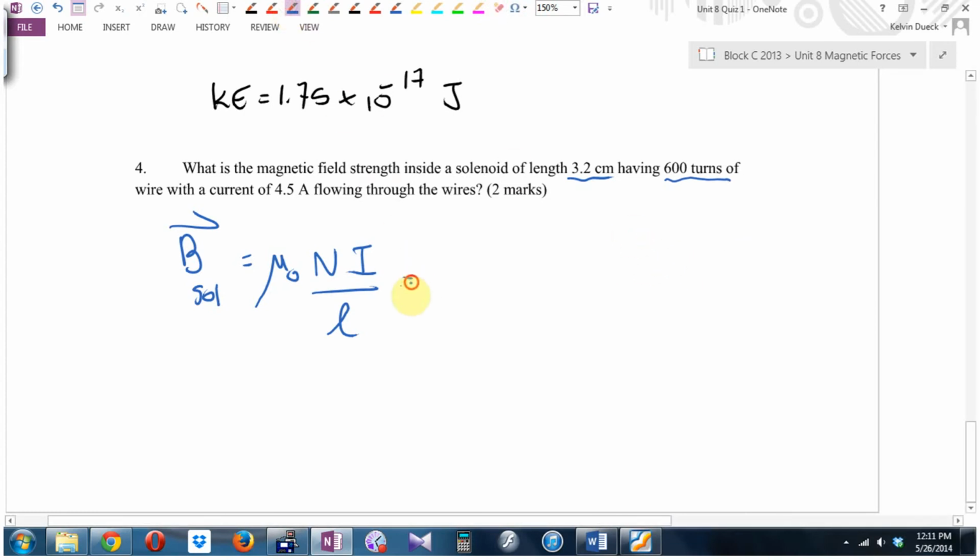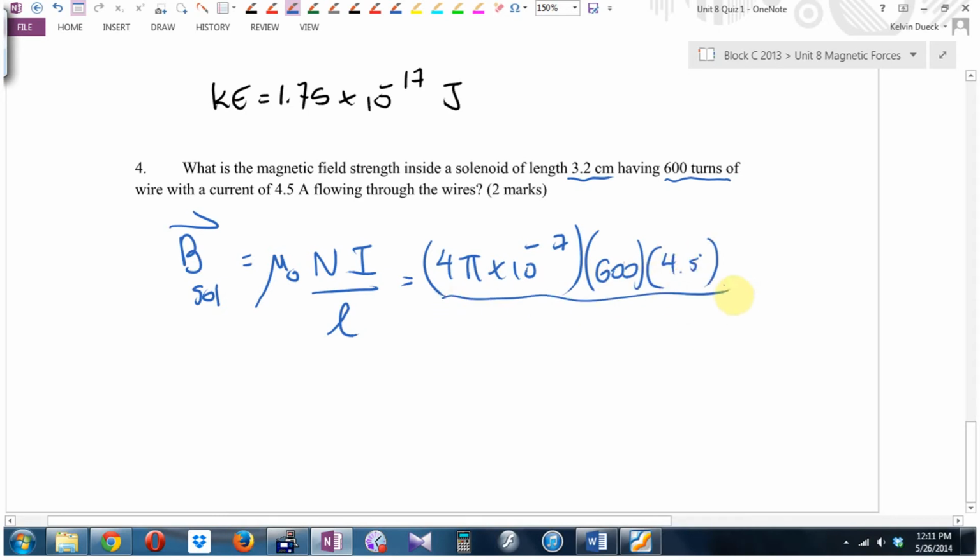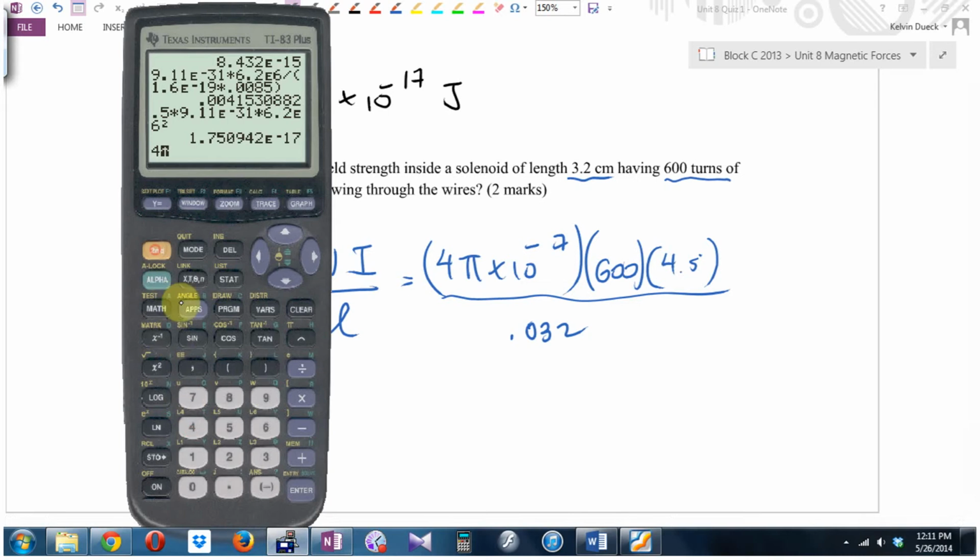This is going to be mu naught, the permeability of free space. 600, 4.5, 0.032, 4 pi.